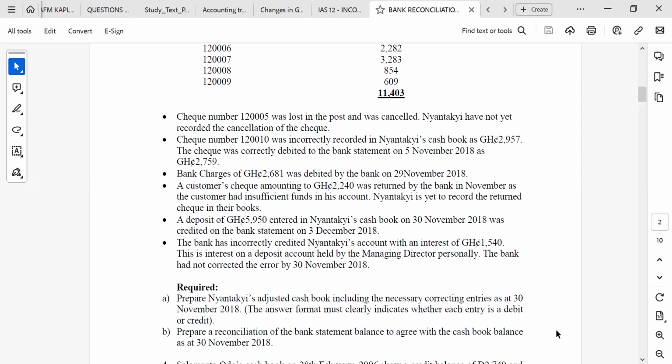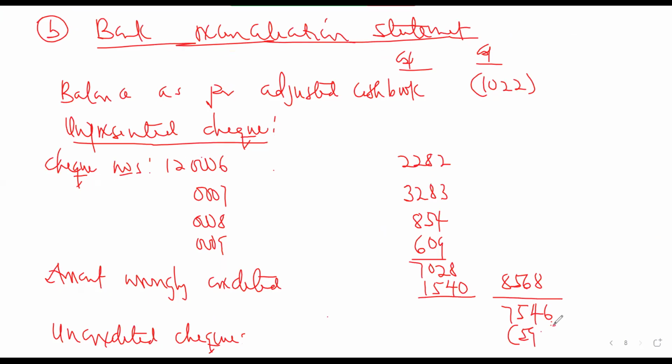We are preparing this for November. So this has not been entered for November, but we have added it to our balance. This is not part of the bank statement balance. So we have to reverse it because it has not been done by the bank. So we go there and have 5950. So we subtract 5950 from here. What is the balance that we are having?